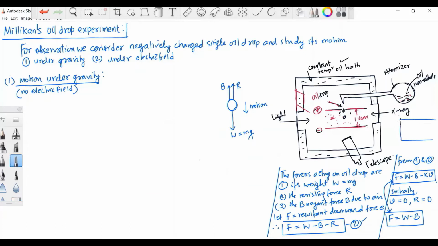So I'm writing over here: the resisting force R equals K times the velocity of the oil drop.